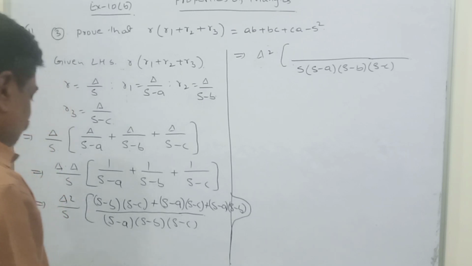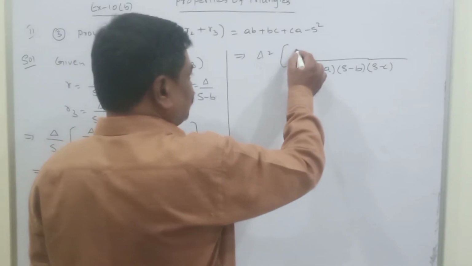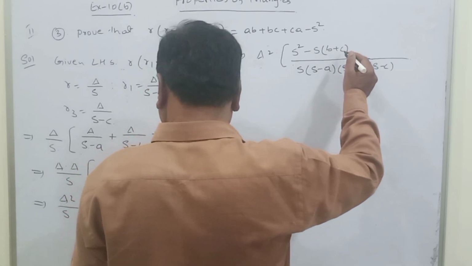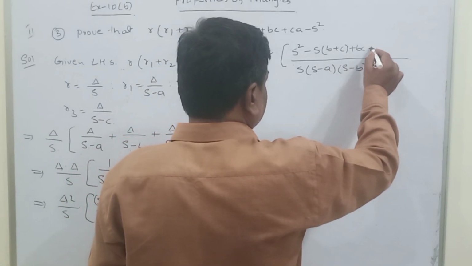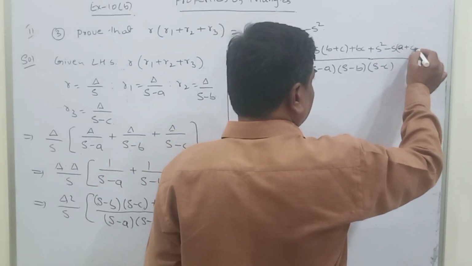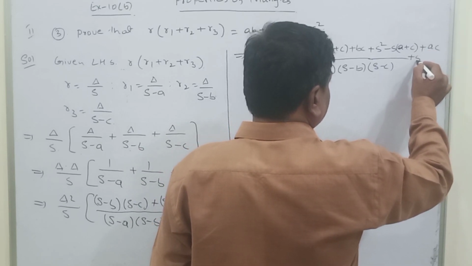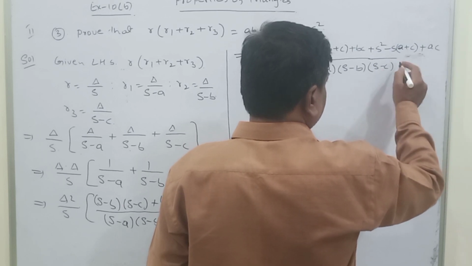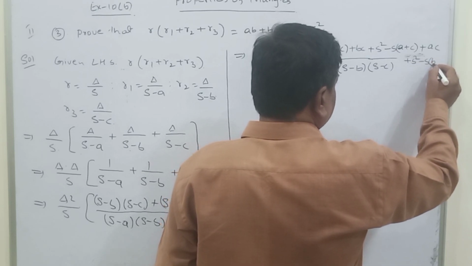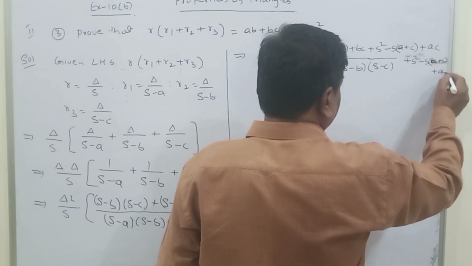So the numerator we observe here: (s − b)(s − c) can be written as s square minus s(b + c) plus bc, plus s square minus s(a + c) plus ac, plus s square minus s(a + b) plus ab.